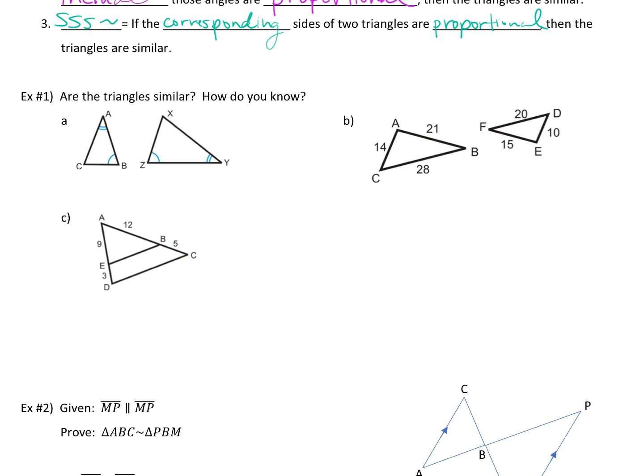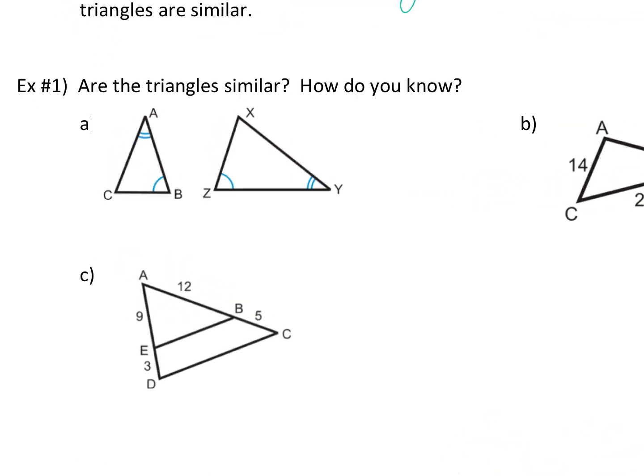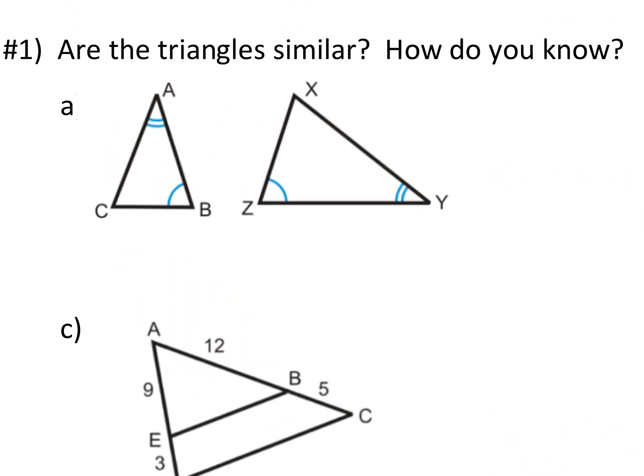Okay. So look at these two triangles. Look at letter A here. Are those similar? Yes. Why? AA. You have an angle that corresponds to an angle and an angle that corresponds to an angle. So let's write a similarity statement. We would say triangle ABC, then you do the tilde, is similar to, because they're not congruent, right?